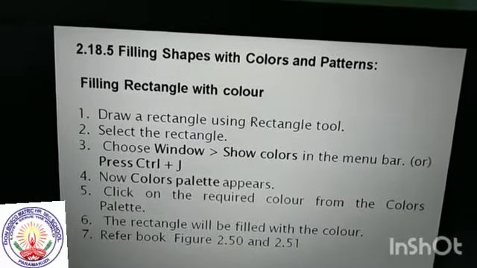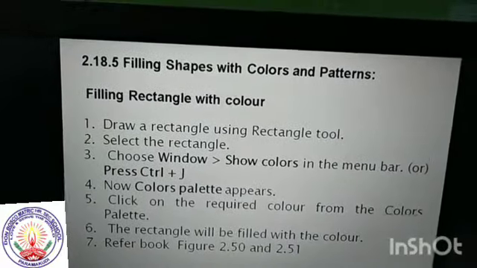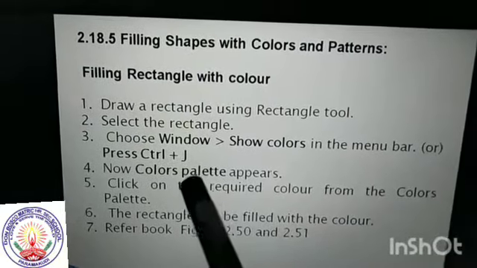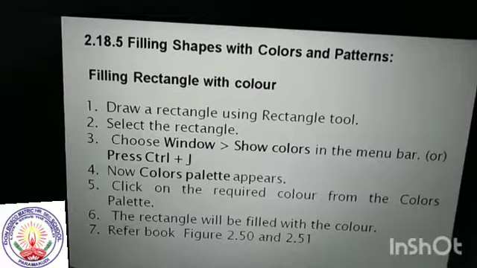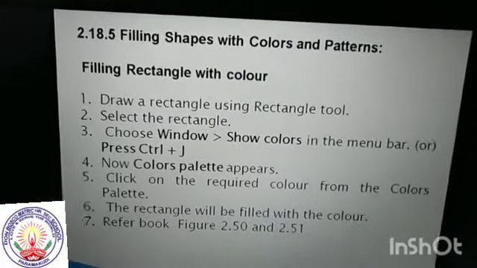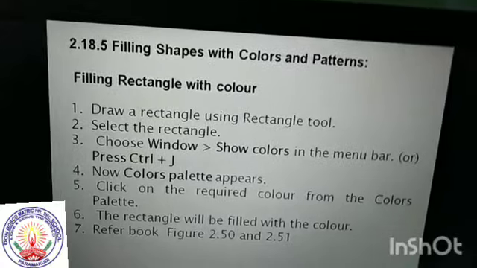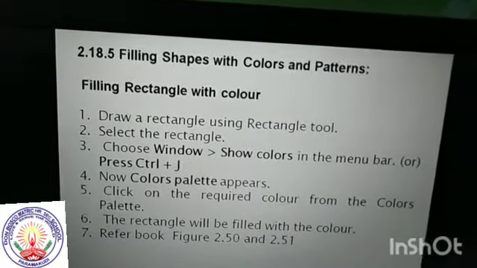Text color means color palette, and for shape color we select Show Colors. The color palette appears, you select any color, and automatically the shape will be filled with that color.